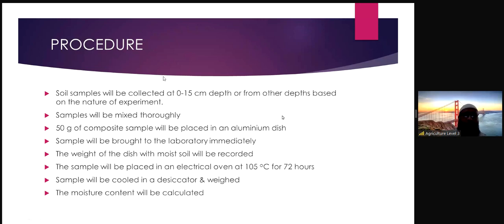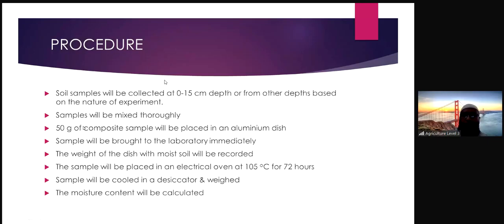So samples will be mixed thoroughly. So we'll be collecting soil samples at 0 to 15 centimeter depth by using an auger, our sample collecting instrument.